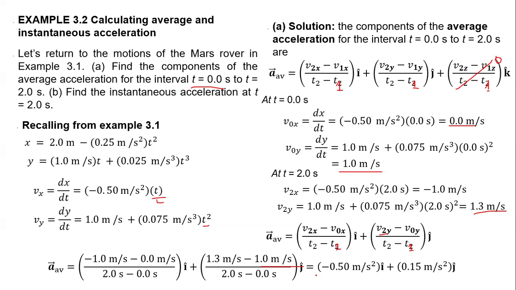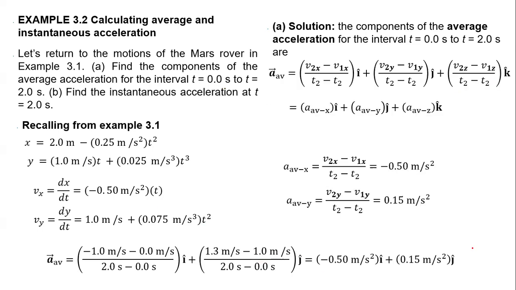So our answer is negative 0.50 meters per second squared i hat plus 0.15 meters per second squared j hat. So the components of our average acceleration: the x component is negative 0.50 meters per second squared, and the y component is 0.15 meters per second squared.